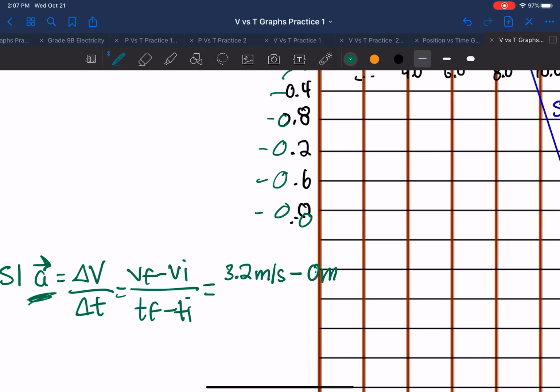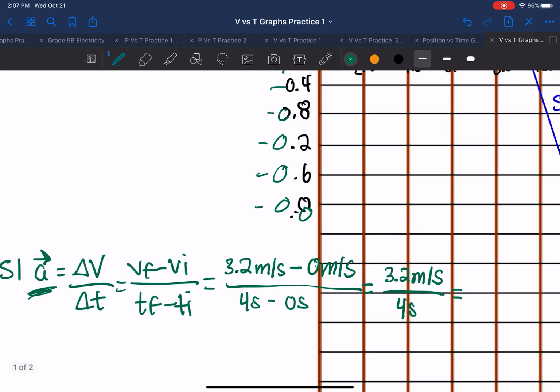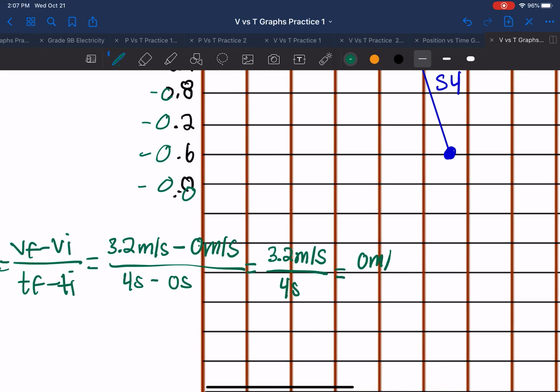VI is 0 meters per second, and over time, which is TF, was at 4 seconds minus 0 seconds, and then 3.2 minus 0, you get 3.2 meters per second over a time of 4 seconds, and you're going to get a value of 0.8 meters per second squared. Can't forget the 8, because 3.2 divided by 4 gets you 0.8, okay?